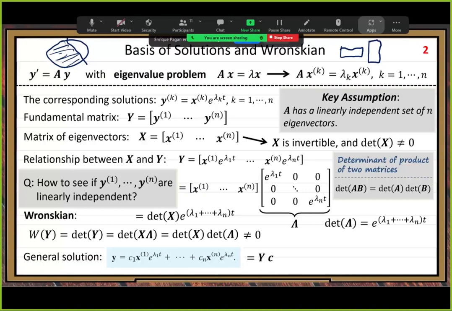And this one can be represented in a simple form. Y matrix times C vector, constant C vector. Here, just try to get yourself familiar with the multiplication, matrix-vector multiplication.